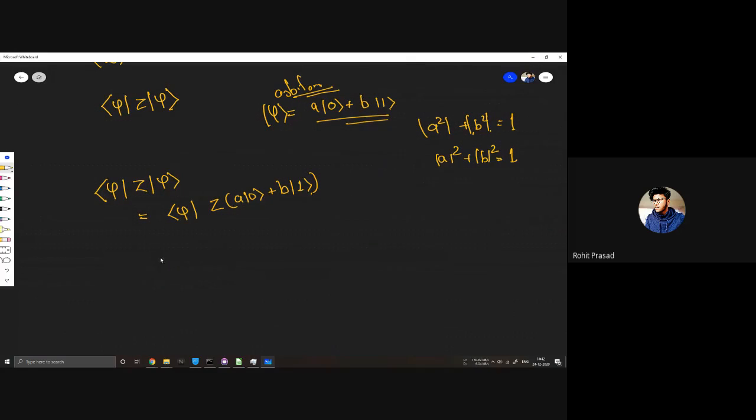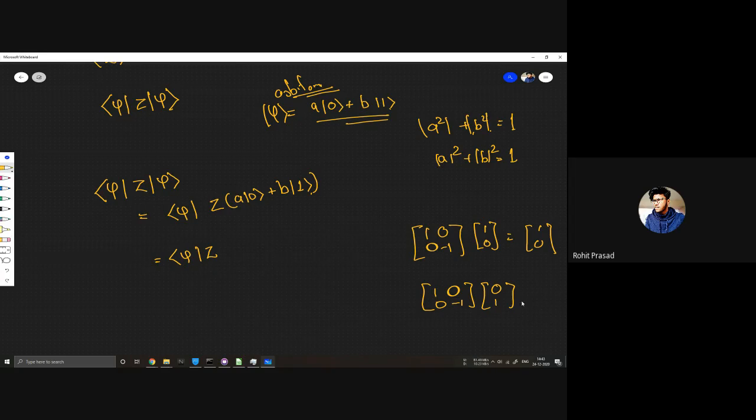And then we can just say psi z. If z is applied on 0, this is 1 0 0 minus 1 applied on 0, it will give 1 0, right? And if we apply 1 0 0 minus 1 on 0 1, we will get minus 0 1. So we can say that it will be a 0 minus b 1.